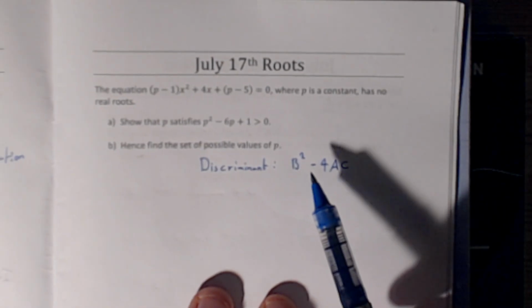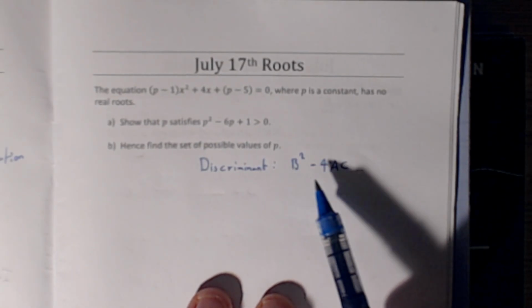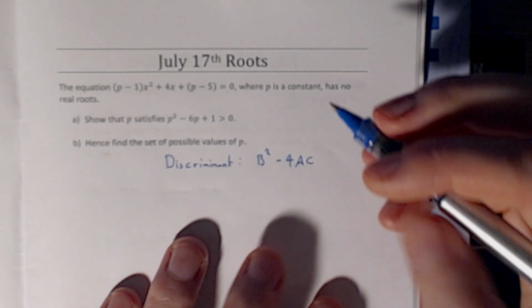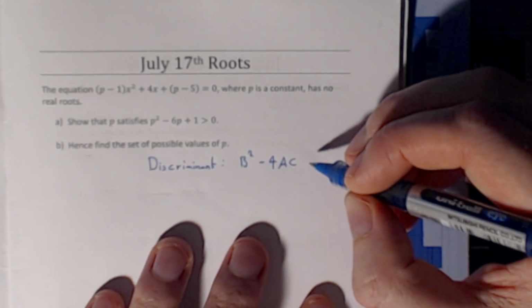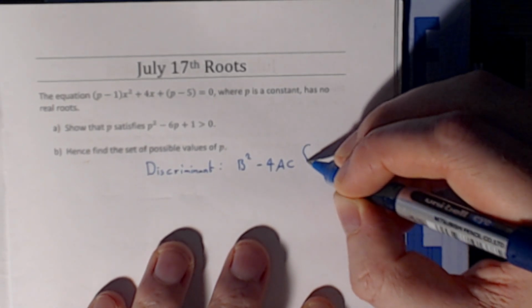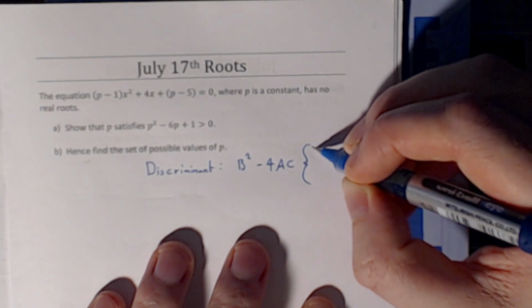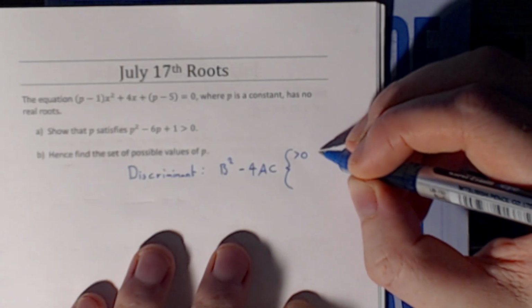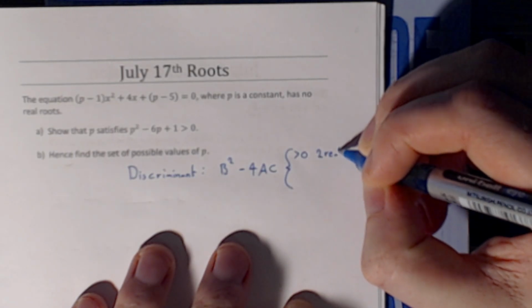That is the x term squared, take 4 times the x squared term times the constant term. And we had some different conditions. So if it was greater than 0, that means there are 2 real roots.